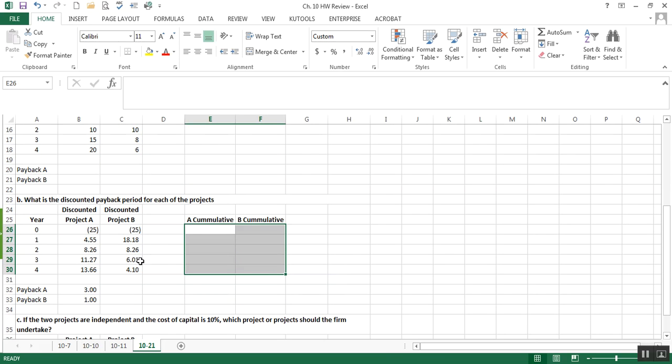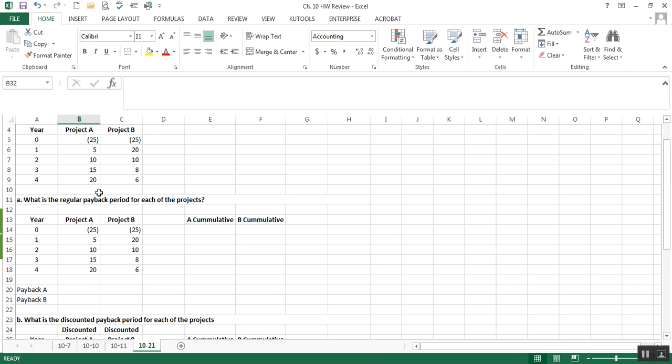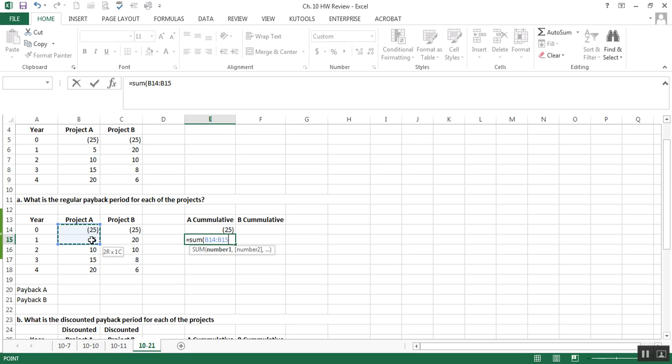Okay, so let's look at this. The first thing I did was I laid out the cash flows again, similar to up here. In order to figure out the payback period, first we need to calculate the cumulative cash flows for each year. For year 0, it's going to be equivalent to year 0. A formula that I like to use is the summation formula, and it would start with time 0 adding time 1.